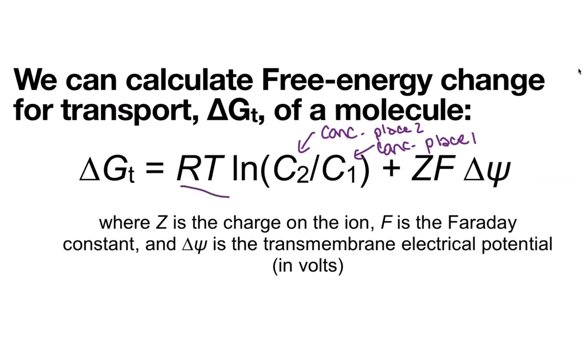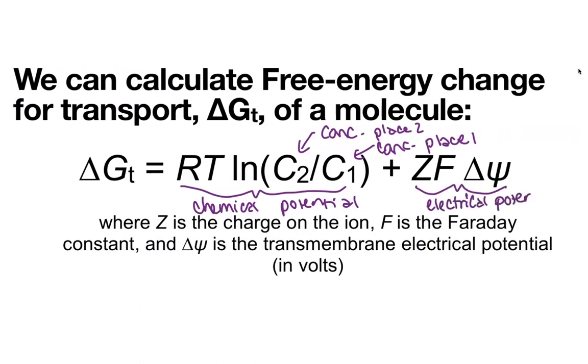This part is telling you about the chemical potential, and this part is telling you about the electrical potential. Overall, this is going to tell you about the electrochemical potential.